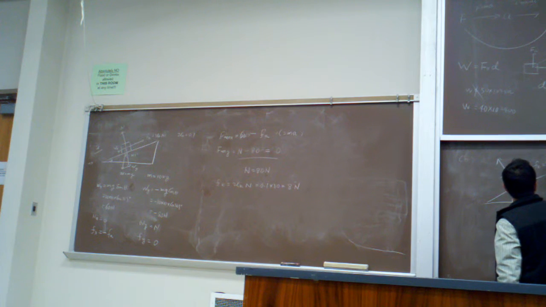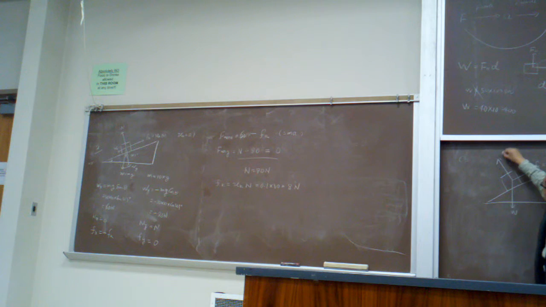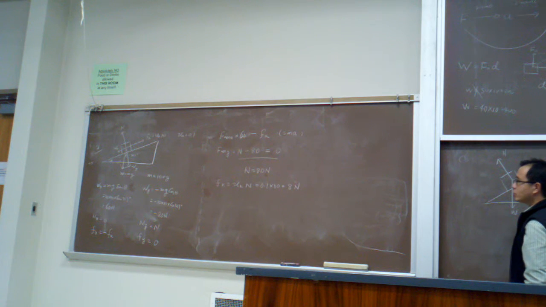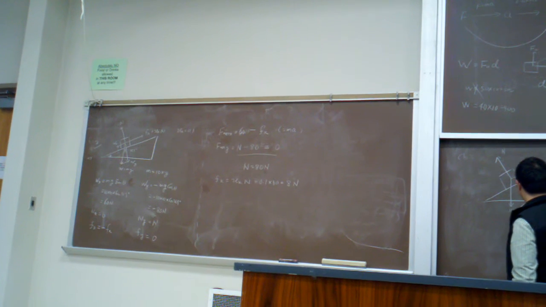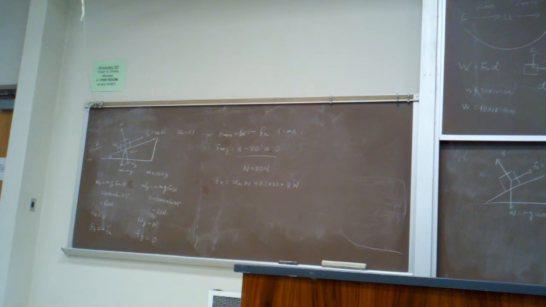You just calculated that Fk equals 8 Newton, and W equals mg equals 100 Newton. Now, if we use the second method, that means we have to calculate Wn, Wf, Wg, the 3 works, and then combine them.